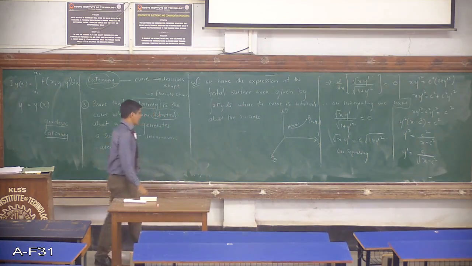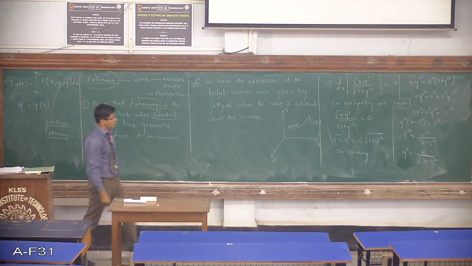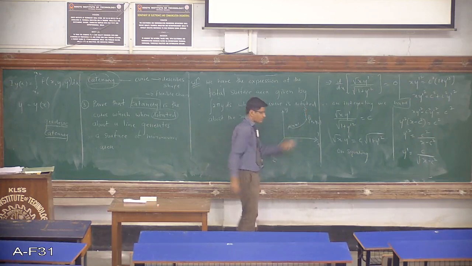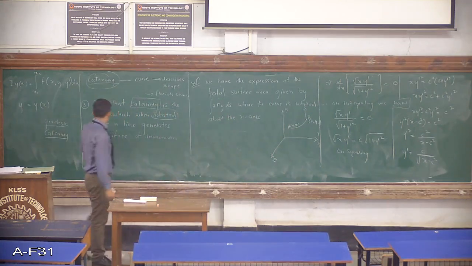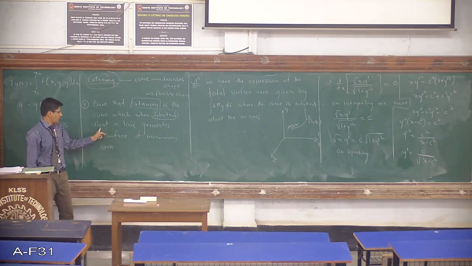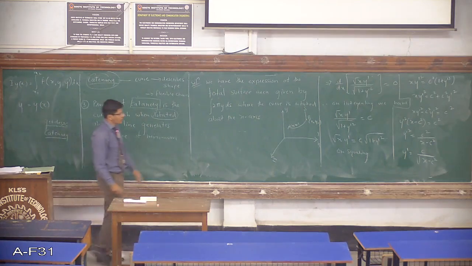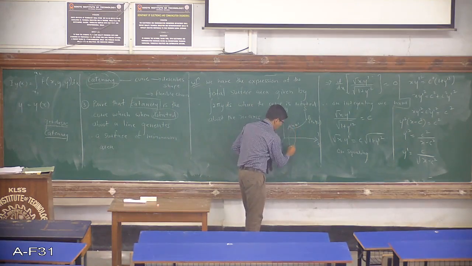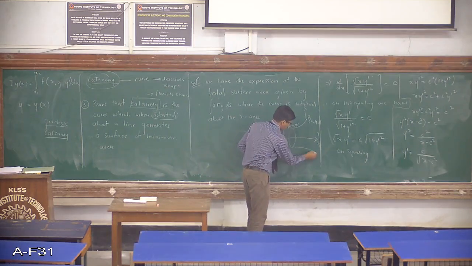Now this setup is over. This is my curve S, this complete curve, and when rotated about the line it generates a surface with minimum area. If I rotate this curve along X, it turns out to be like this.